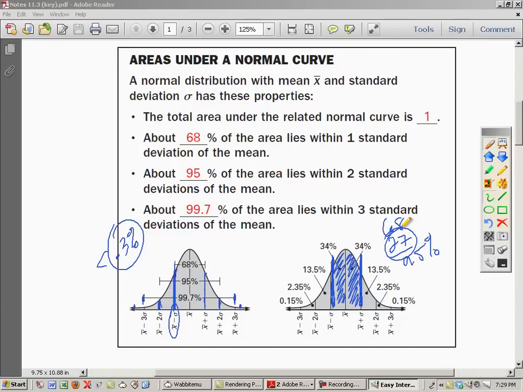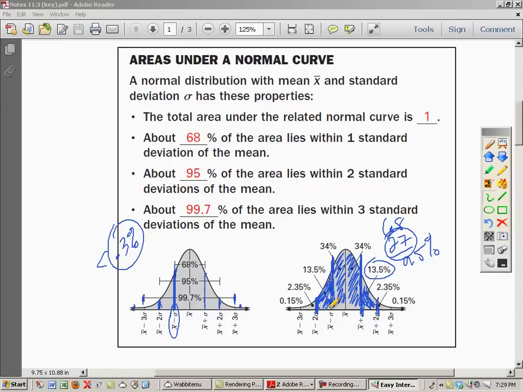So if I split that 27 in half, then 13.5% is within 2 standard deviations. So the amount of data between 1 standard deviation above and 2 standard deviations above is 13.5% of my data. Same thing on the other side. 1 standard deviation below to 2 standard deviations below is 13.5% of the data.